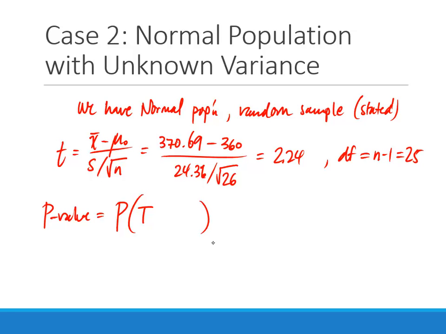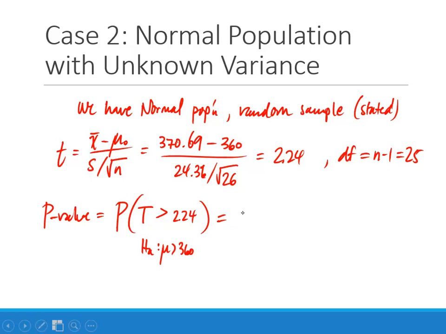What probability am I interested in finding here? So 2.24 goes in here. What's my inequality in there? Greater than. And that's again because my alternative said that the mean was greater than 360.